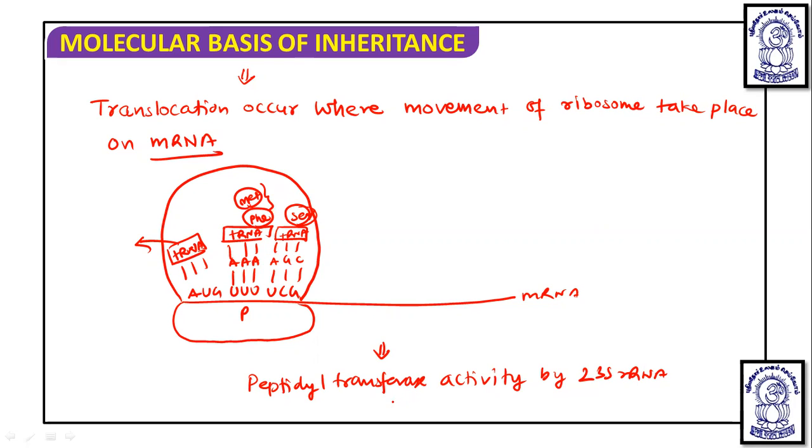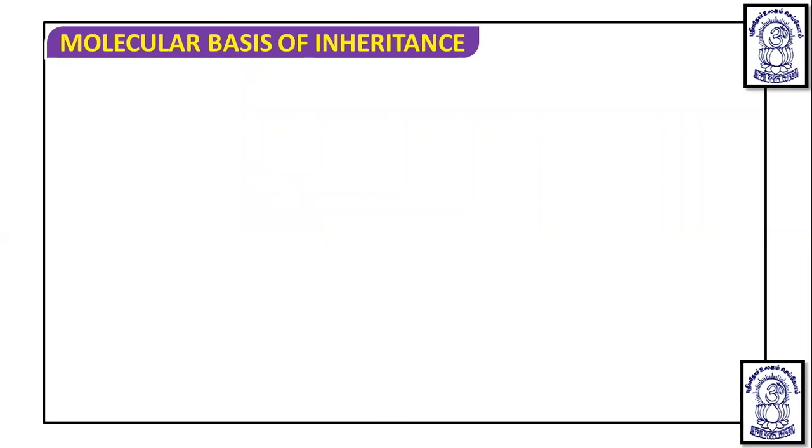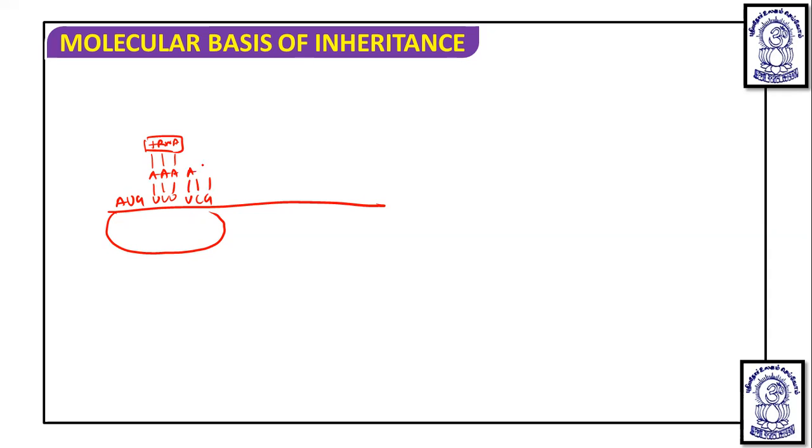The tRNA will remain here, and for serine we have UCG, so AGC will be there on the tRNA. Now the bond is formed between the methionine, phenylalanine and serine.